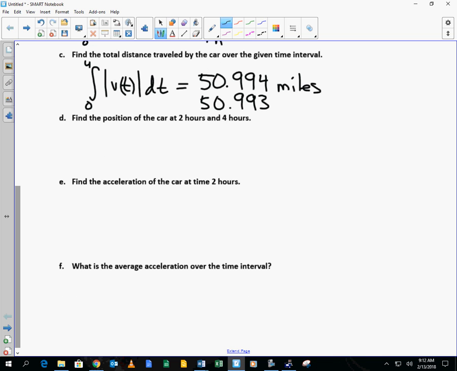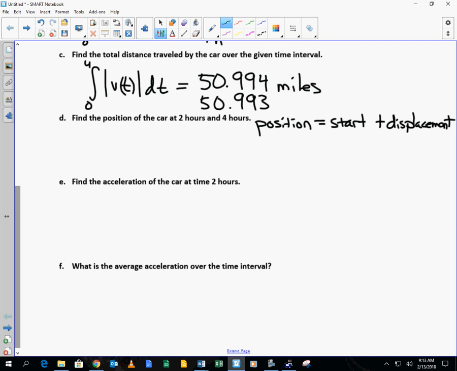Find the position of the car at 2 hours and 4 hours. Okay. So already asked Lolly. I said, Lolly, if the car has a displacement of -4 and it starts at 10, then what's its position at 4? And you said 6. So the way we find position is this. This is kind of a common sense piece, but we write it out. The position is equal to the start plus the displacement.